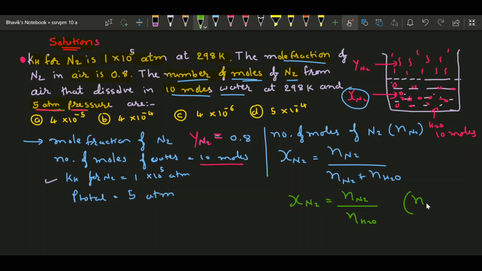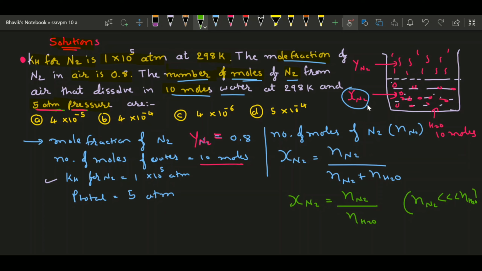Because nN2 is less than nH2O, so in this case you can neglect it. And for finding out the number of moles of nitrogen, you need to find out XN2, the mole fraction of the nitrogen.